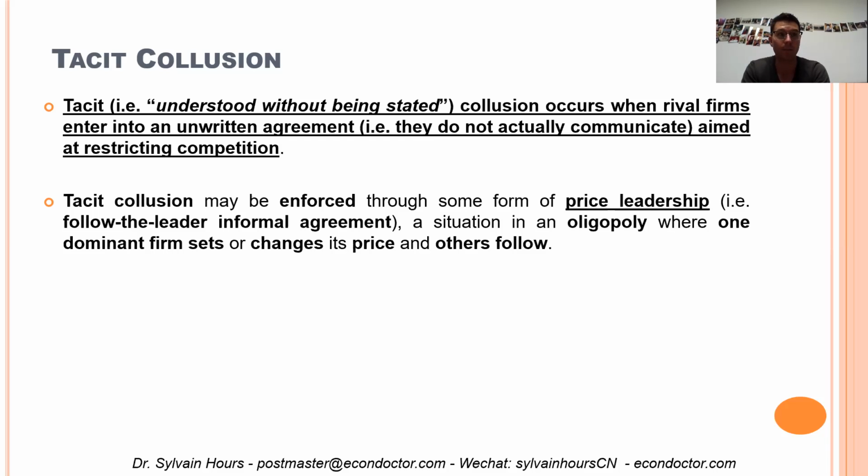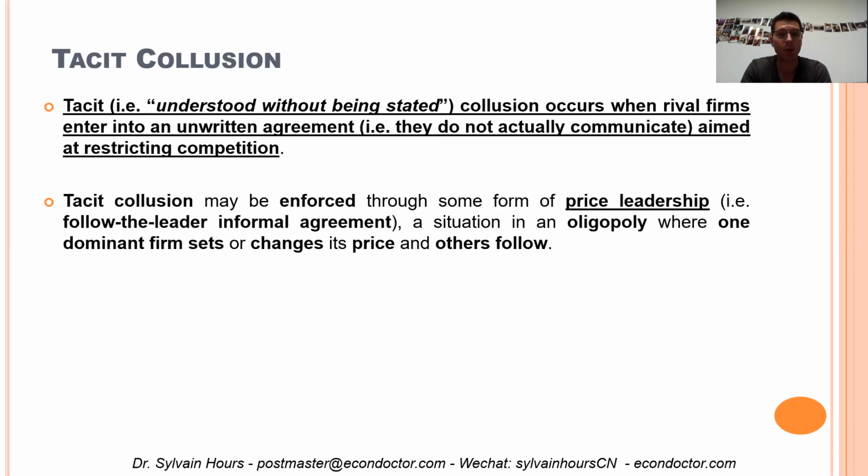So for example, I am the biggest company, I charge a price of $10. Then all the smaller businesses with whom I am competing are going to charge $10 as well. We call that a follow the leader informal agreement. And you see that in that case, we don't have to meet, we don't have to engage in any formal agreement to coordinate.